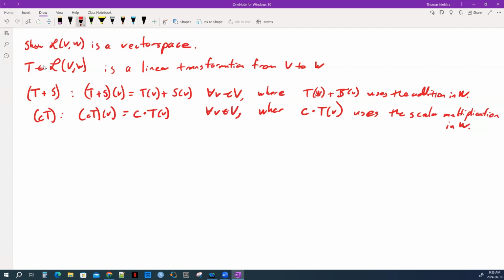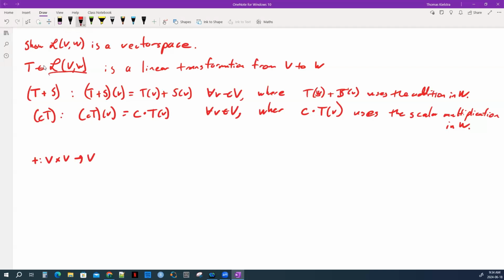So the two properties that we first need to show is that the addition operator maps two linear transformations to a linear transformation. Because remember, our V here is the set of linear transformations.